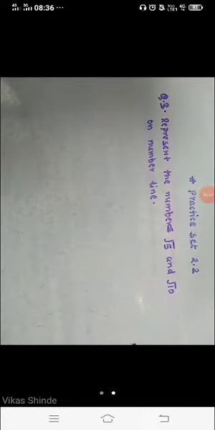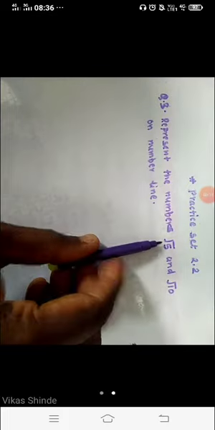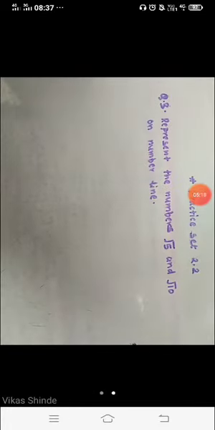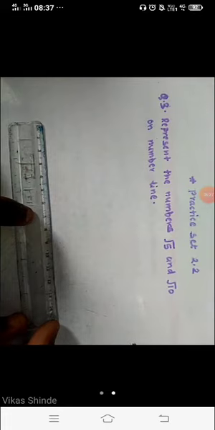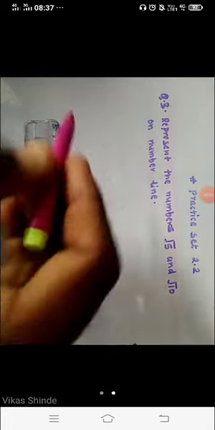So first of all, we are showing under root of pi on a number line. First step, we have to draw a number line. Take a scale and draw a number line.